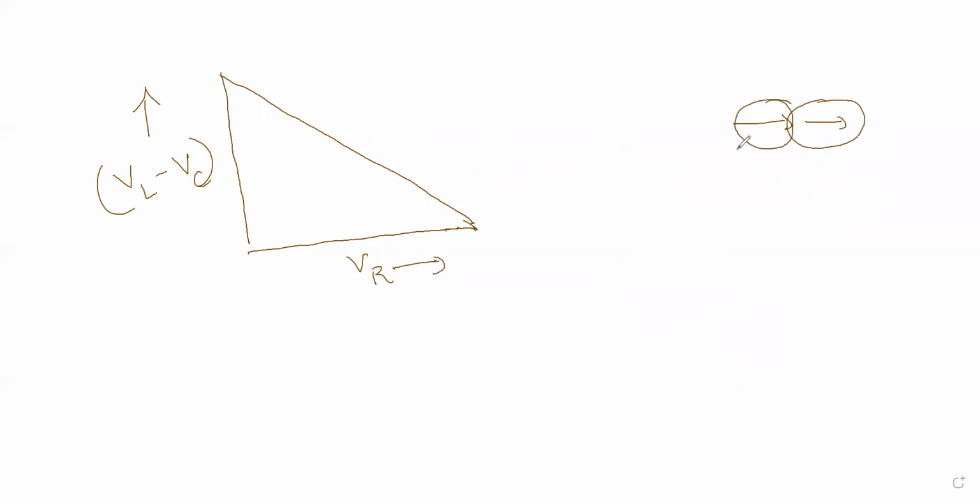Now when you come to AC, one potential vector in the case of inductor will be upwards. In the case of capacitor, the potential difference vector will be downwards. It is like vectors.